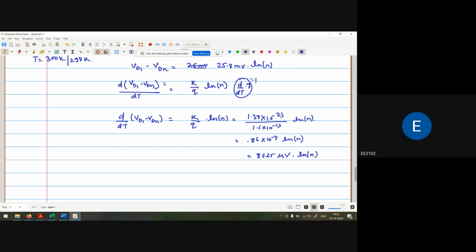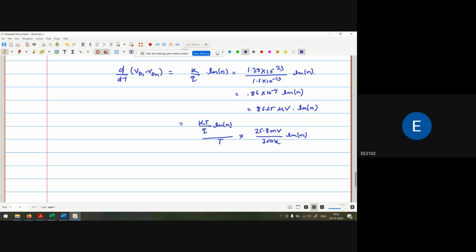What we can do here is one more thing: kT by q ln n upon T. kT by q is already known, that is 25.8 millivolt upon 300 Kelvin.